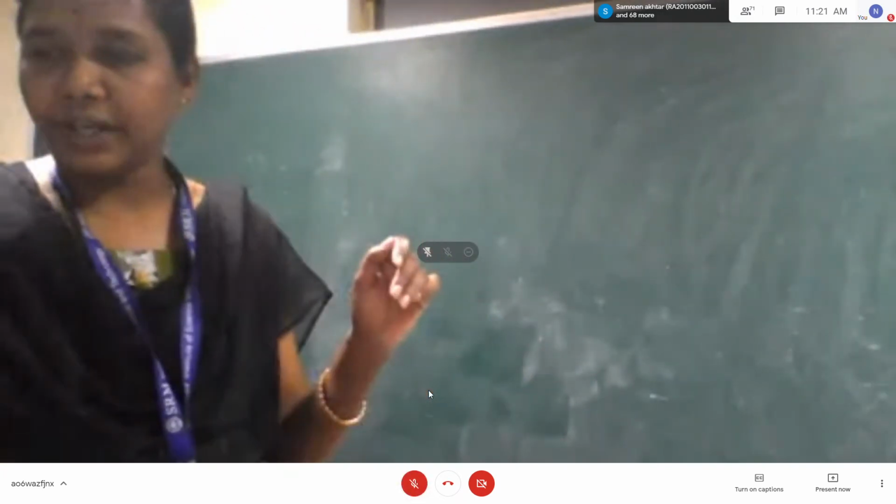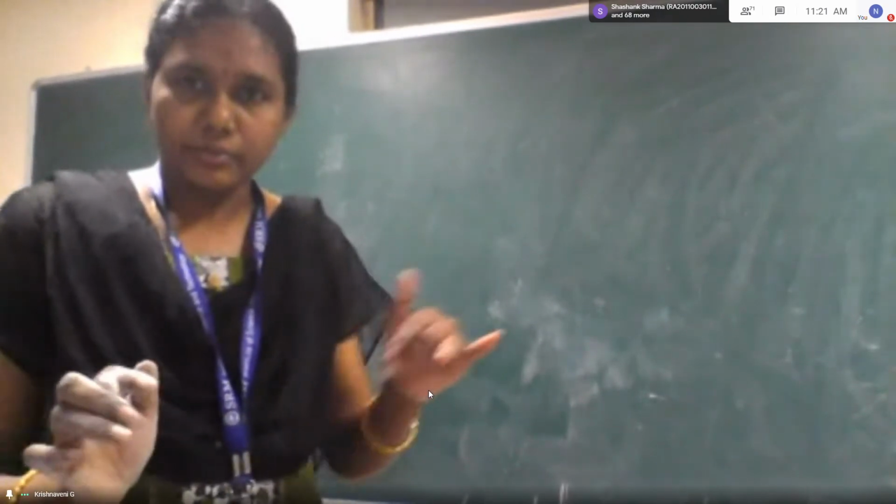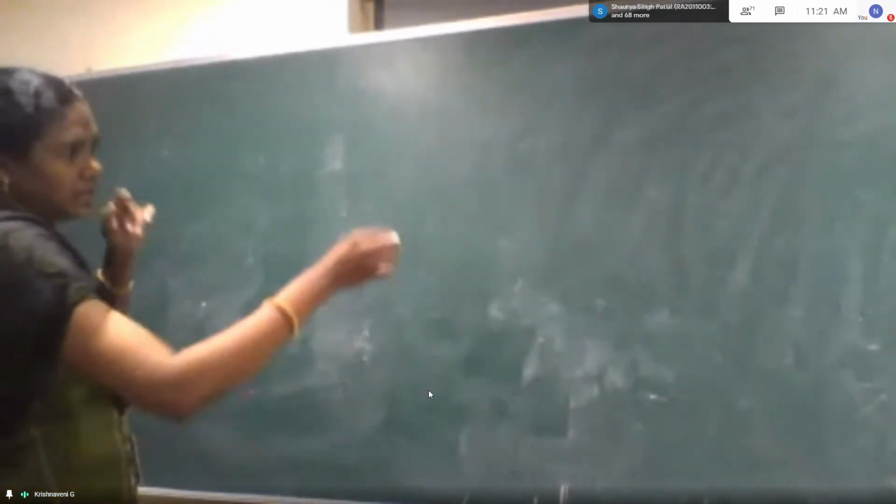Okay. Now we are going to write the normalized form. For each eigenvector, we have to write the normalized form. Now for x1, x1 is -1, 1, 1.